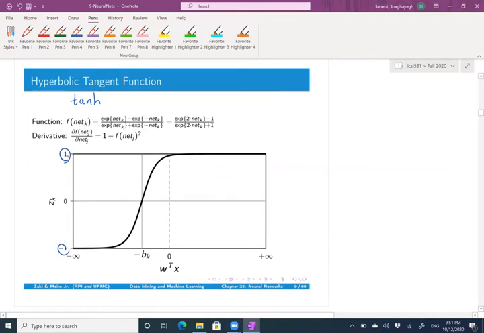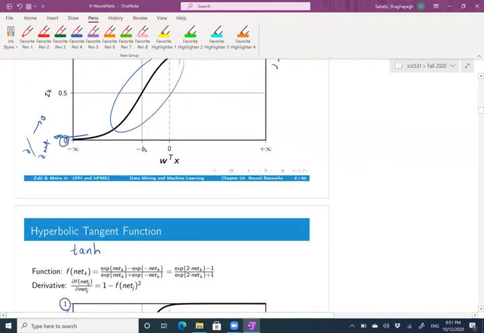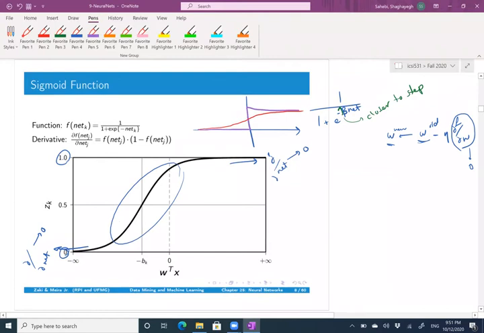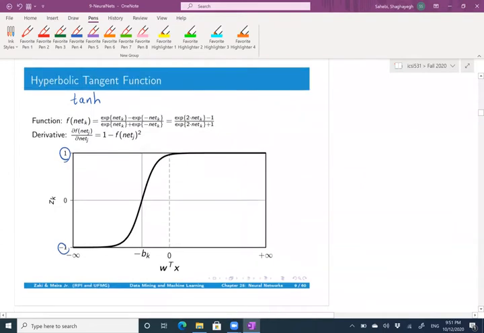So basically, if we don't want to have negative values in the output, we can use the sigmoid activation function. But if we are okay with having both negative and positive values, then we can use the tanh activation function.